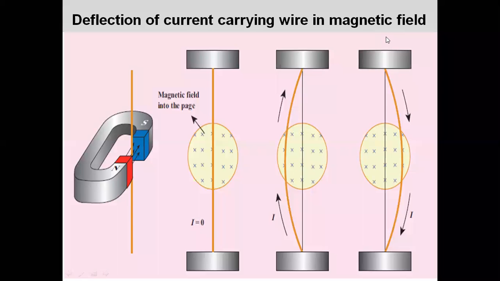You can see that the magnetic field of the permanent magnet and the magnetic field produced by the current carrying conductor interact and produce a force on the conductor. So this is the permanent magnet, and the magnetic field is perpendicular to the current carrying conductor.